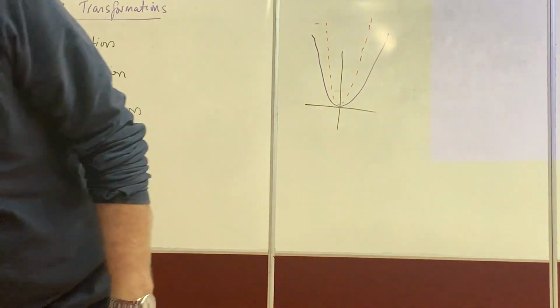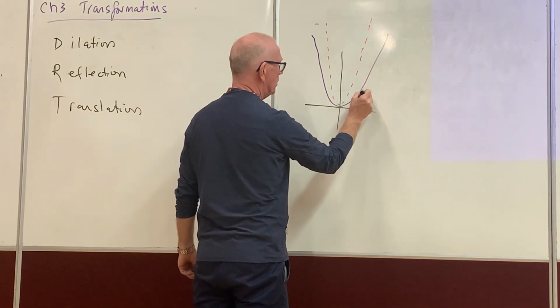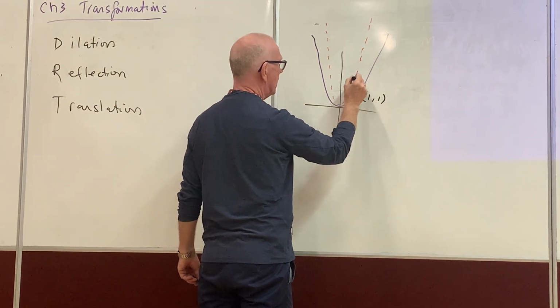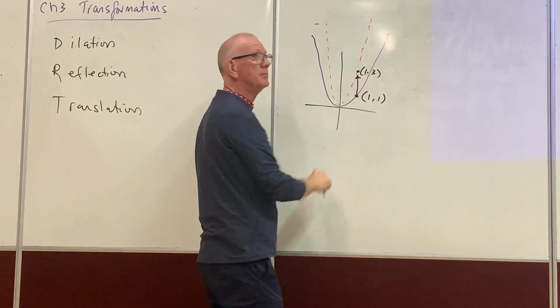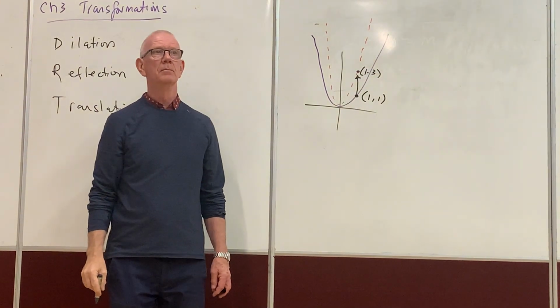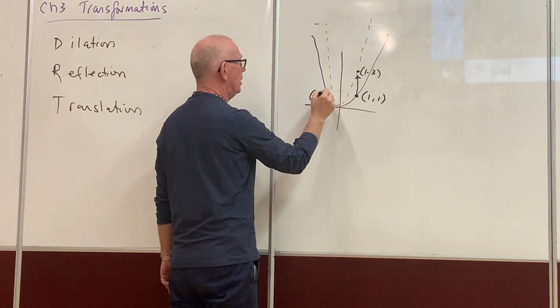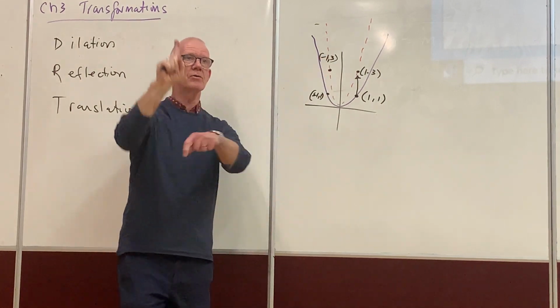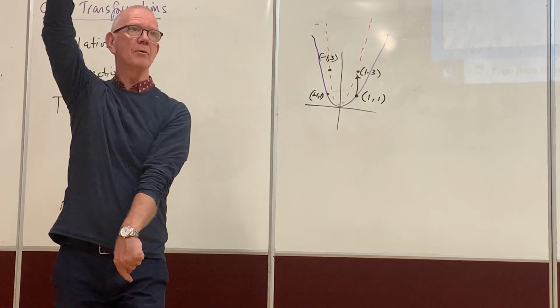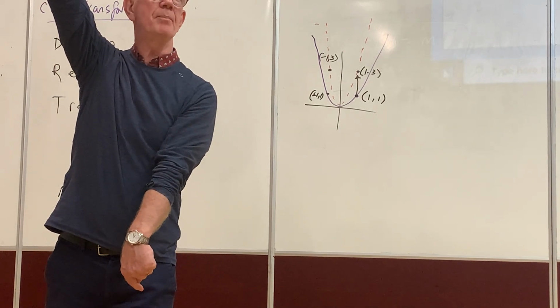If I was to stretch this point here, which is at 1 and 1, became this point here, which is 1 and 3. It got stretched up. And this point here, which is negative 1 and 1, got stretched up to there, negative 1 and 3. It got stretched by a factor of 3 away from the x-axis. Can you see the stretching that's happening?